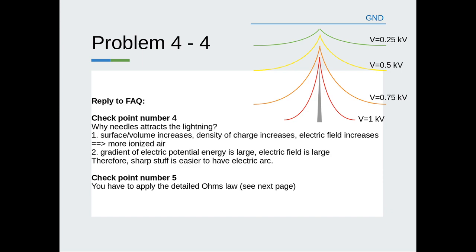The first is, if you have a very sharp thing, and if you measure the surface and divide it by the volume, they have a very big ratio. So in a geometry like this, the density of the charge is very big, and the electric field generated by that kind of metal needle is very big too.